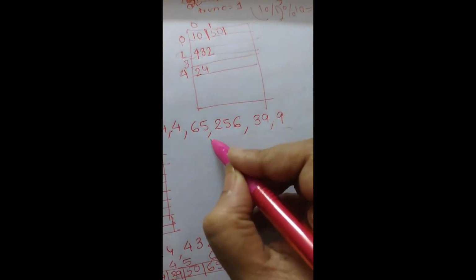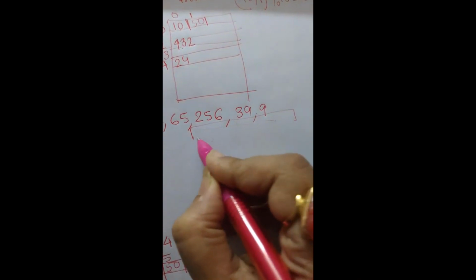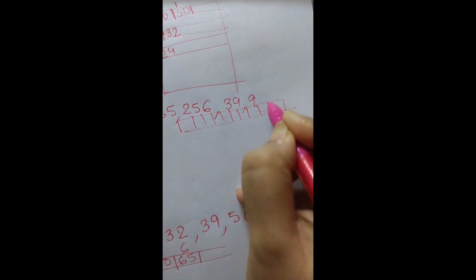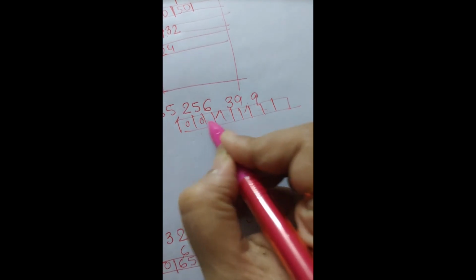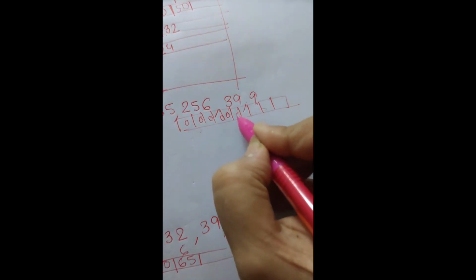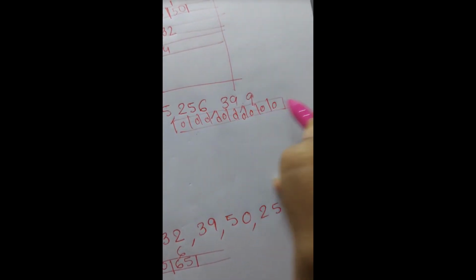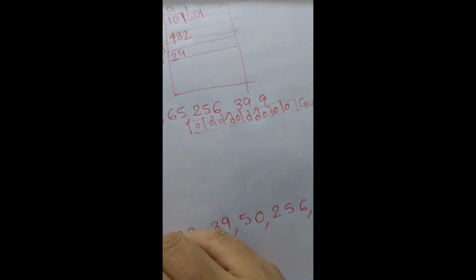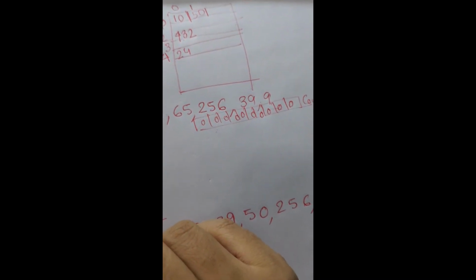So again, we will have an array count, and all the values initially will be made 0, correct?